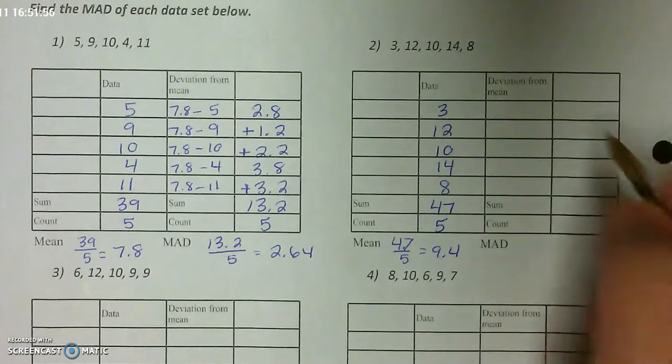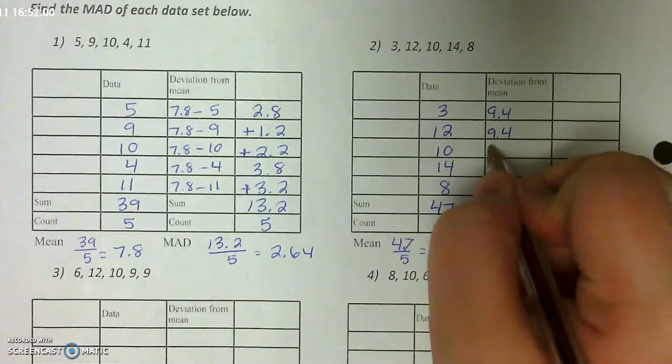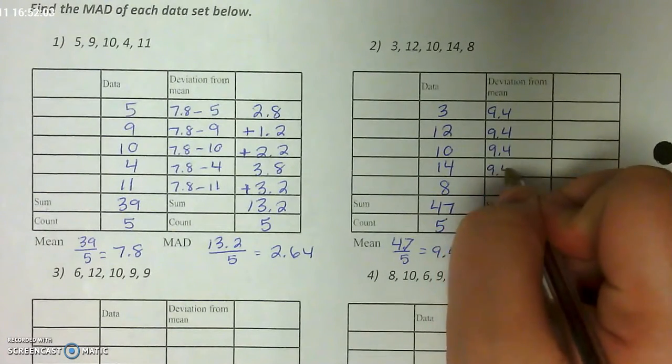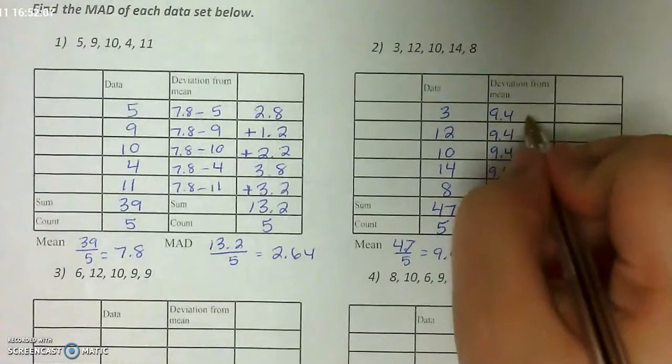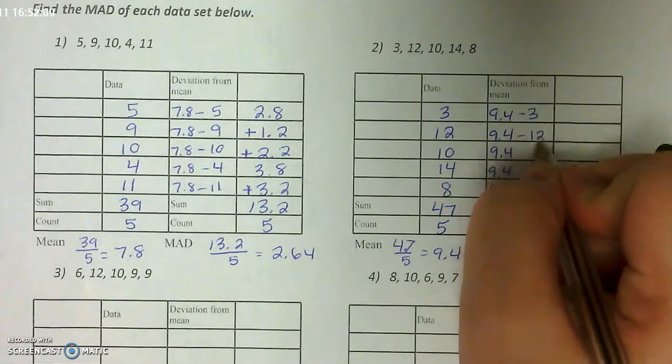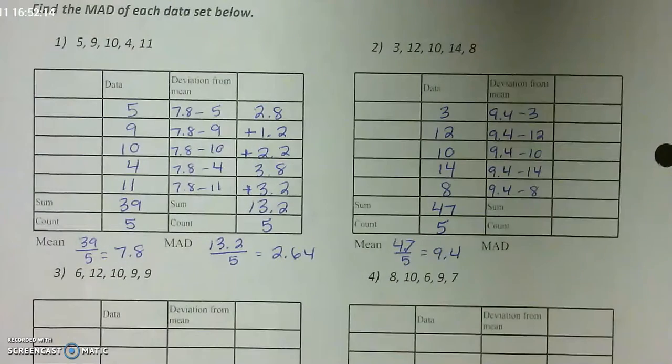Now we're going to take our mean and write that first. And then we're going to subtract every single one of these numbers. Okay, go ahead, pause the video, and come back with all your differences.